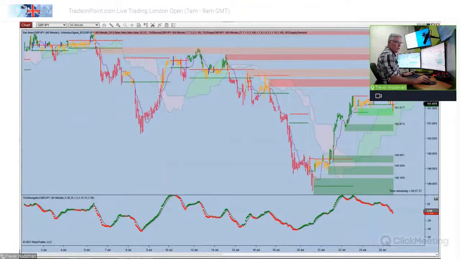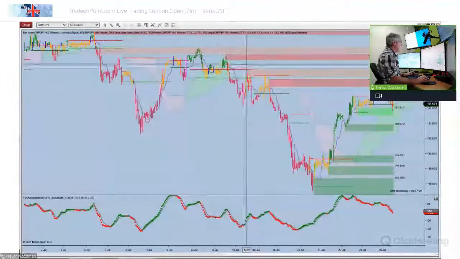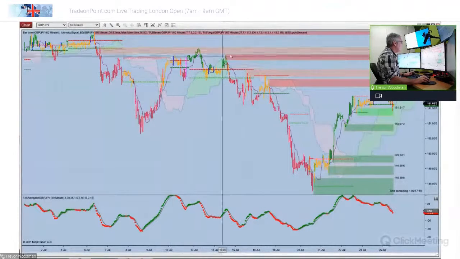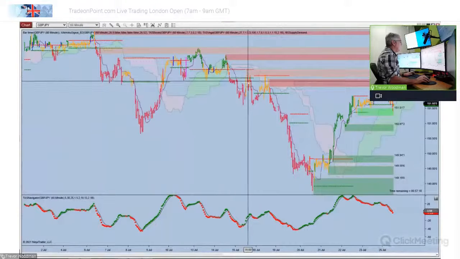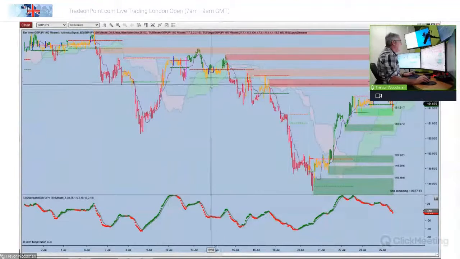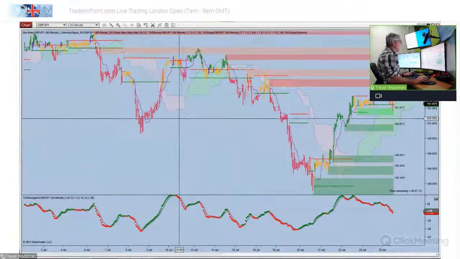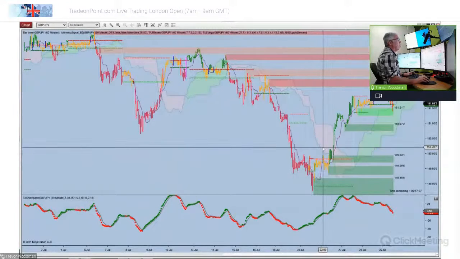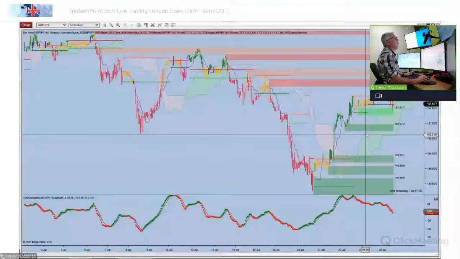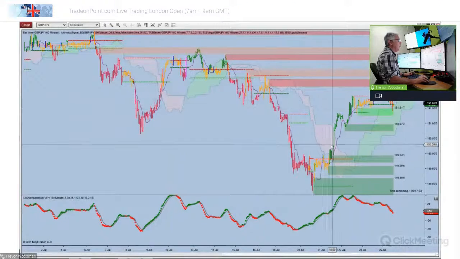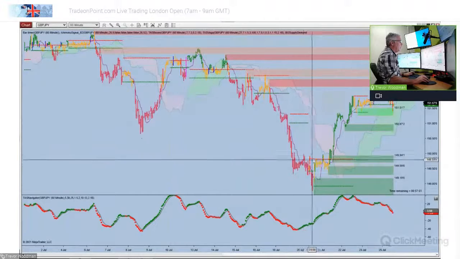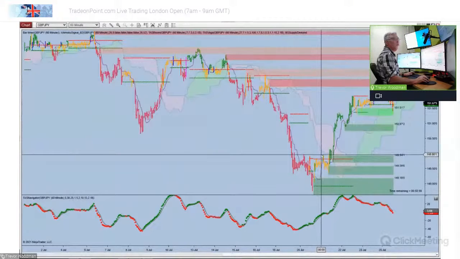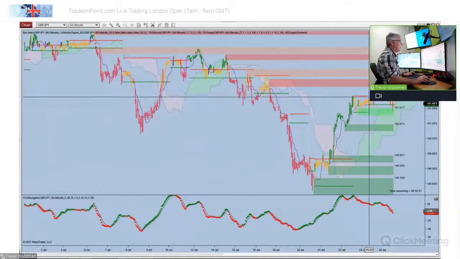But I love that. And there's a lot you can see in this actual pattern here, because you just got this full-blown consolidation here. Then you've got this next wave down, and then the market comes up here.